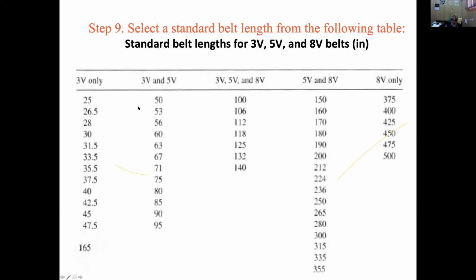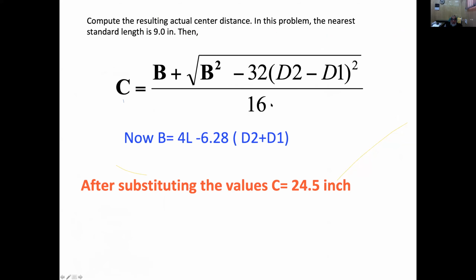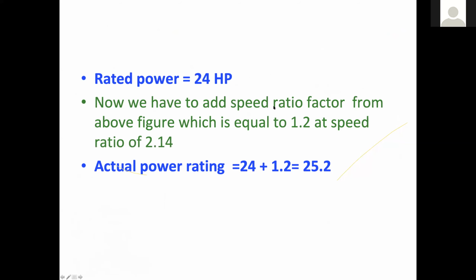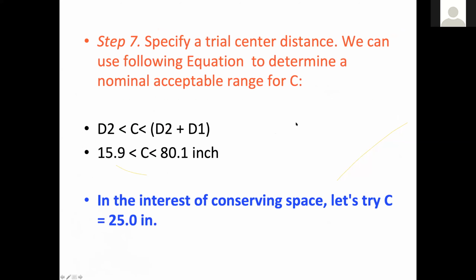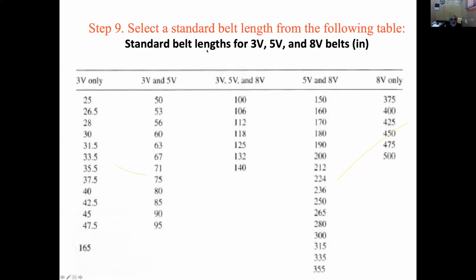For selecting the standard belt length, you will use this table. Now what is your belt drive? It is 5V. Here it is given that these are the lengths which are available for 3V, and this is the length available for 3V, 5V and 8V.